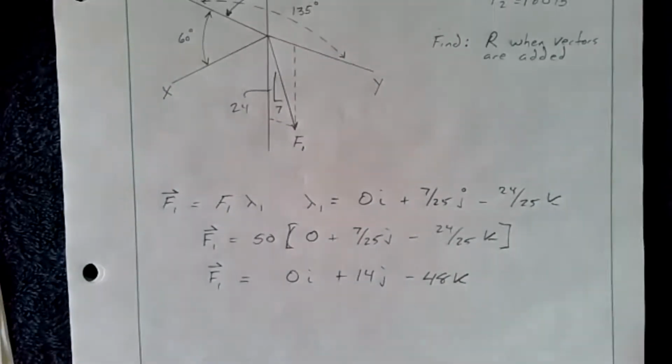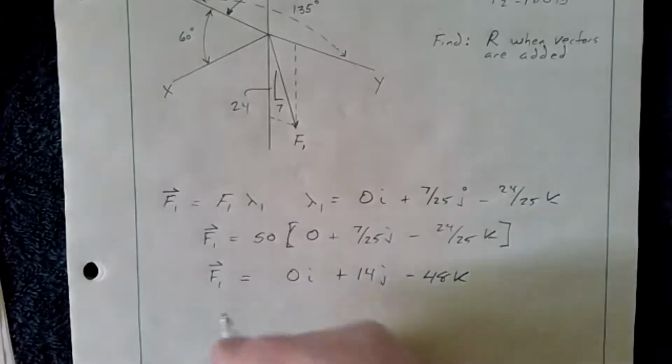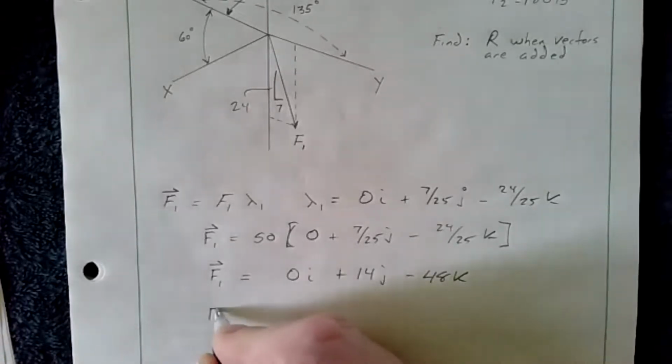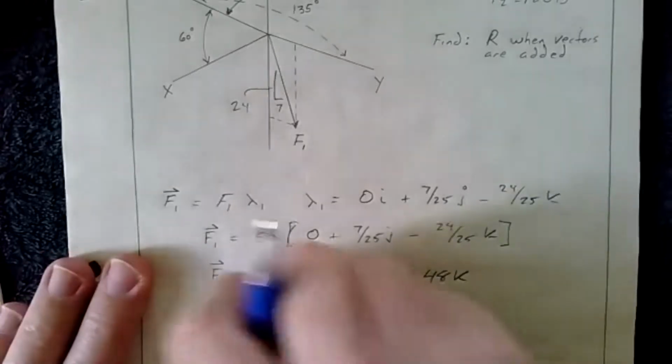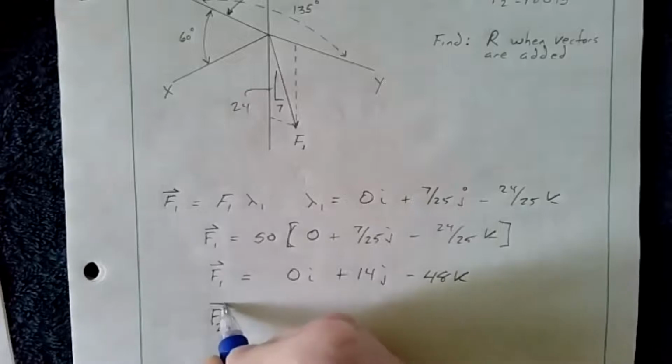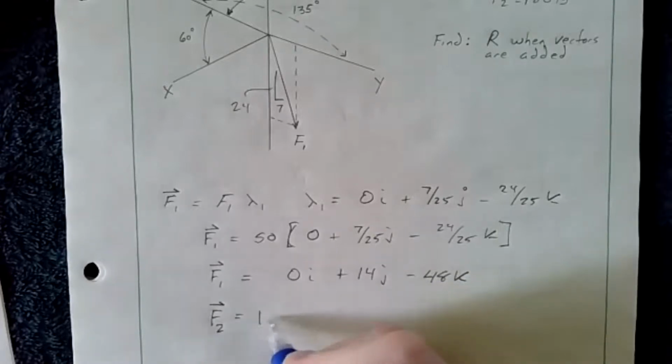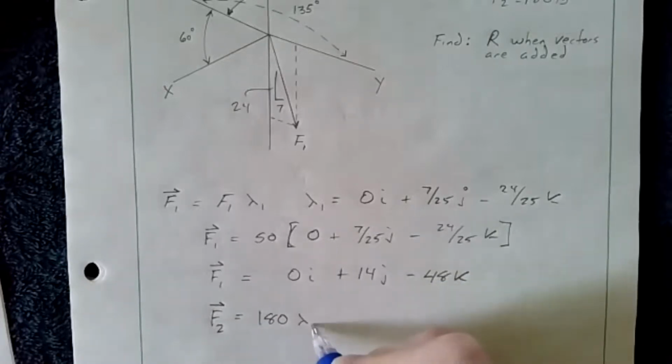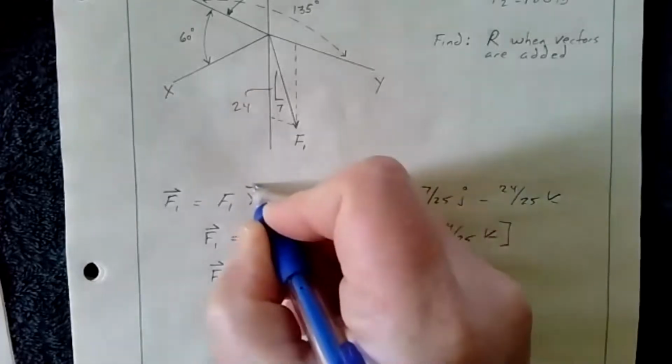Let's look at our second one. F2 is going to be equal to 180 times lambda 2. Sorry, I should have put a vector up there.